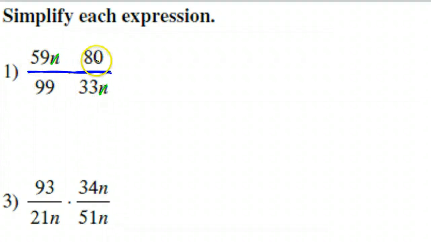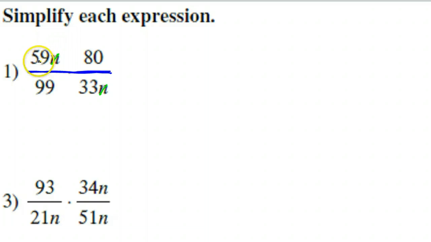Before I actually multiply these together, it would be easier to look now and see if there's anything that will divide into a numerator and a denominator. It doesn't matter whether I'm looking at the 59 and the 99, or the 59 and the 33, or the 80 and the 99. As long as I'm doing a numerator and denominator, it's fine.